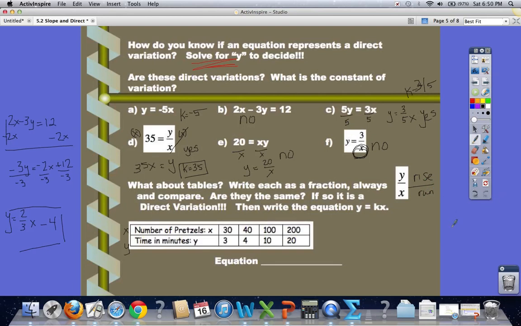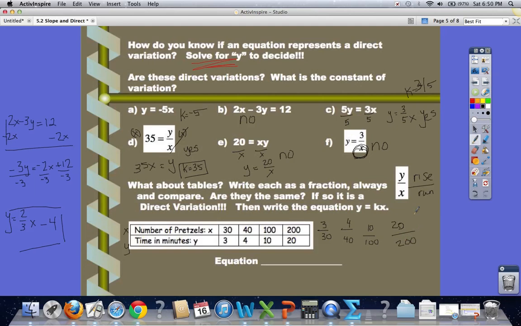All right, so we're going to put each one of these in fraction form, starting with my 3 over 30, 4 over 40, 10 over 100, and 20 over 200.